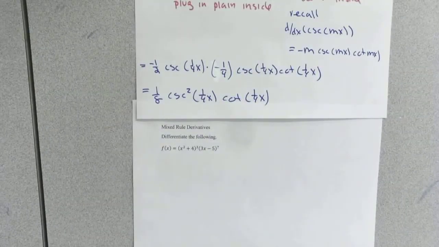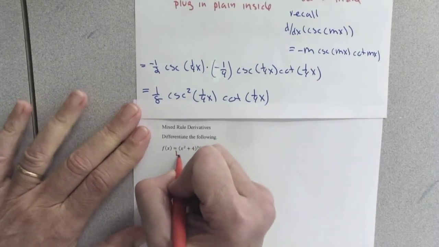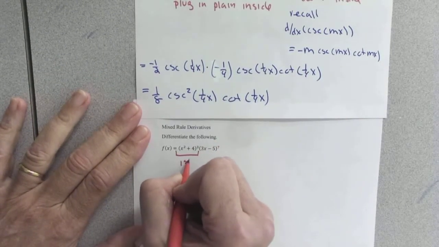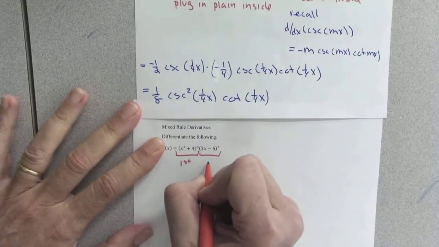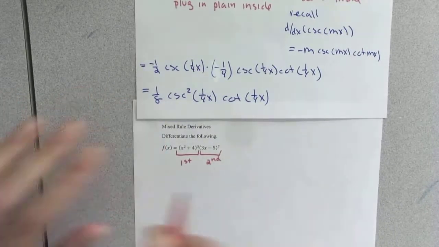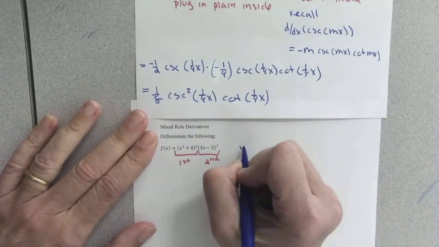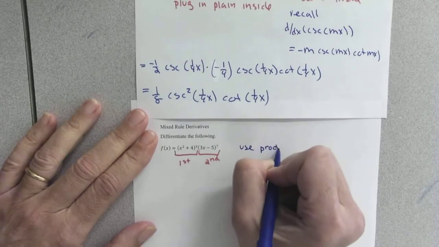So when I look at this, I have x squared plus 4 cubed and 3x minus 5 quantity to the 7th. This is a product to begin with. There's my first factor and there's my second factor, and so we are going to use the product rule first.